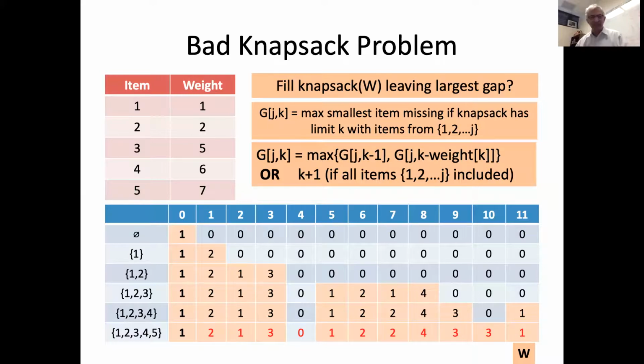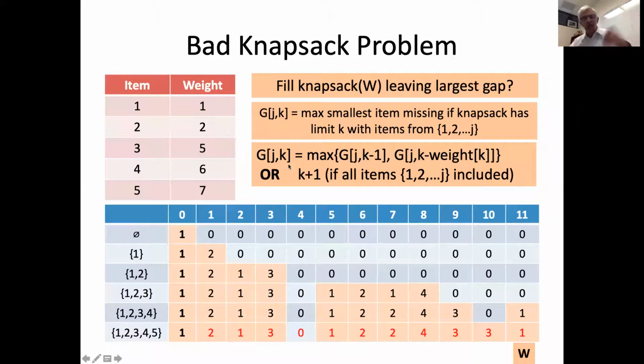Was that confusing enough? Yes. So you can also see on the slide that I'm giving you a formula to figure this out. All right. We can go over this formula. It says G of JK.